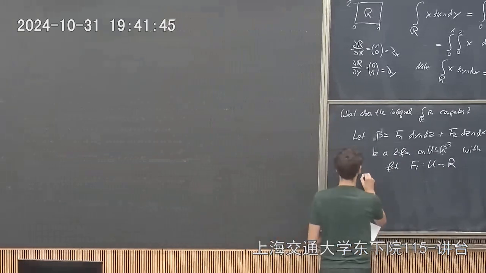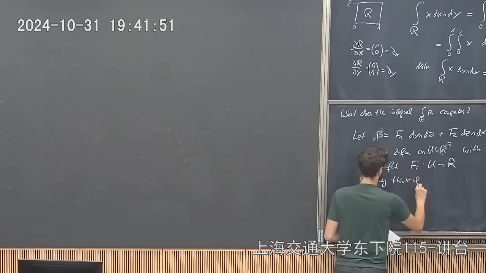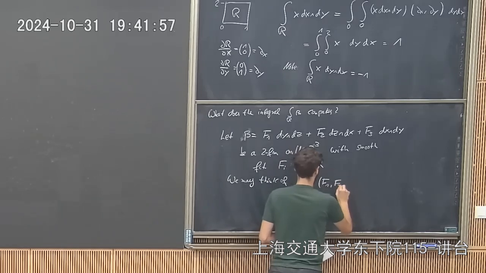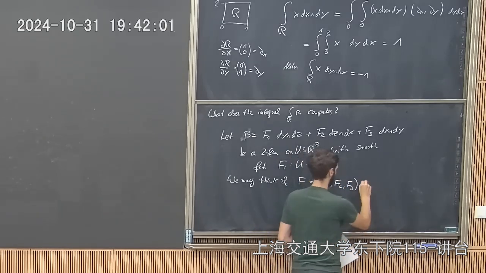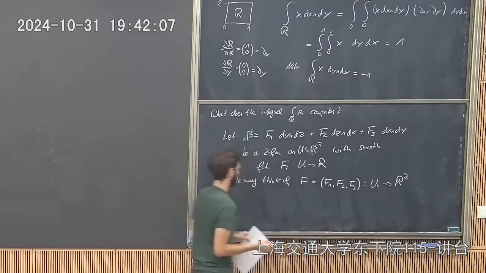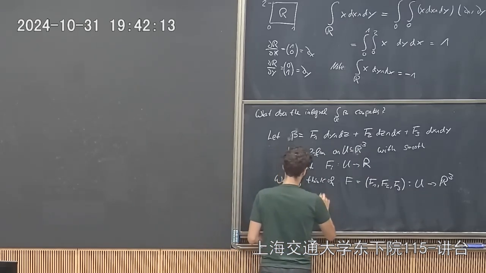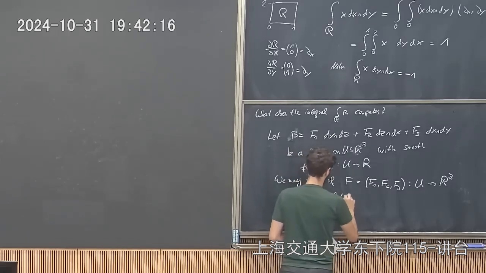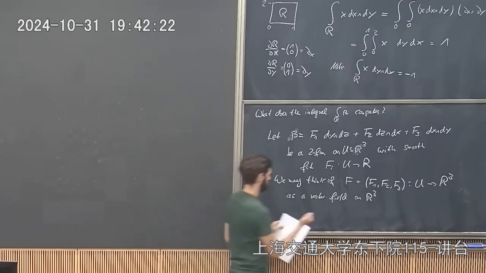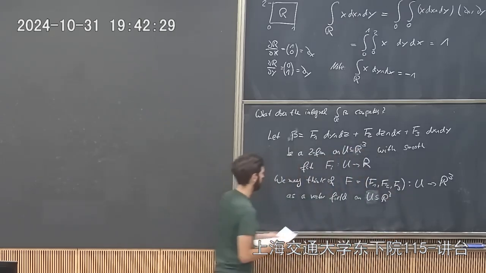We can also think of f, where we plug all of them together, f1, f2, f3, as a function that eats a point and spits out a vector, and we can think of that function as a vector field on R3, or precisely on an open subset of R3.